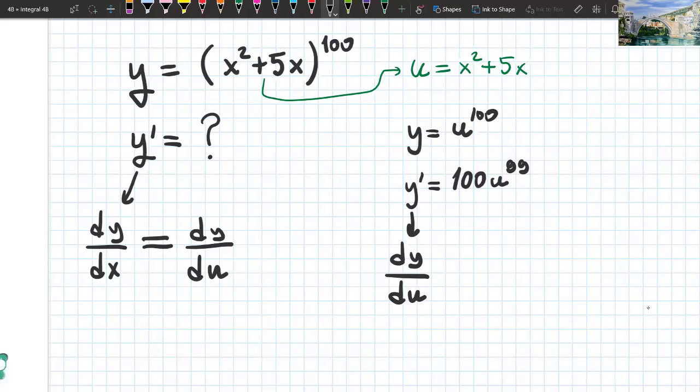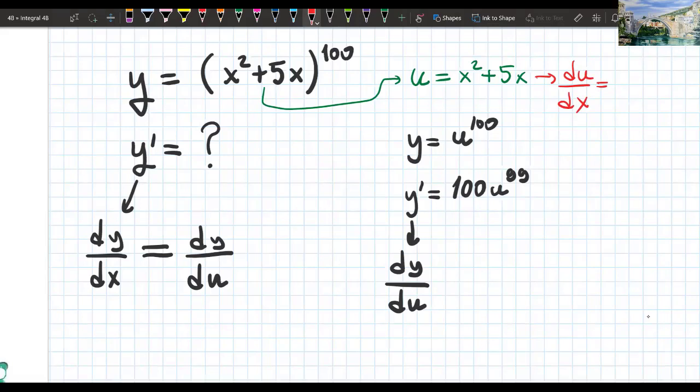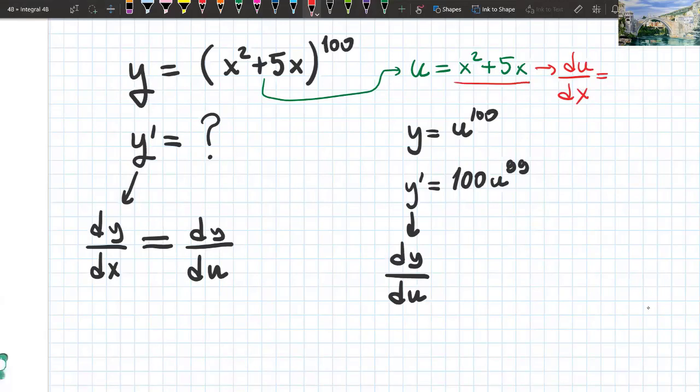It's okay. So if we take the derivative of u with respect to x, what is the derivative of u with respect to x? What's the derivative of x squared plus 5x? It is 2x plus 5.